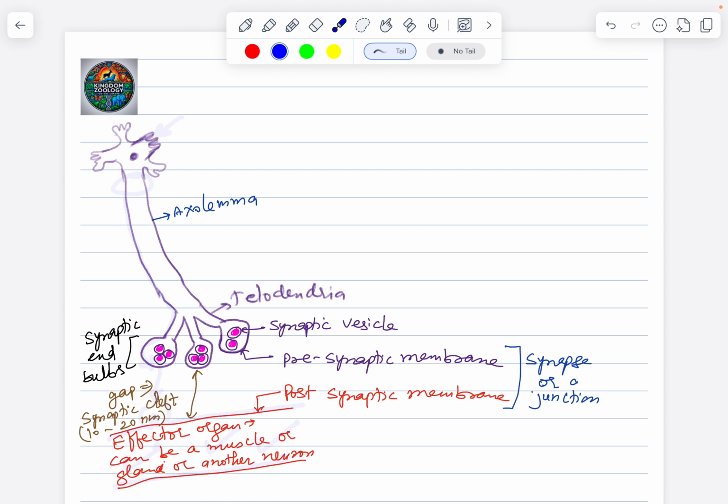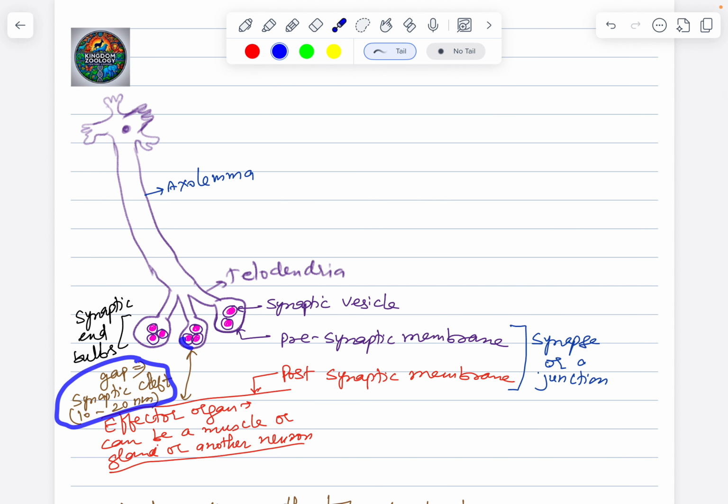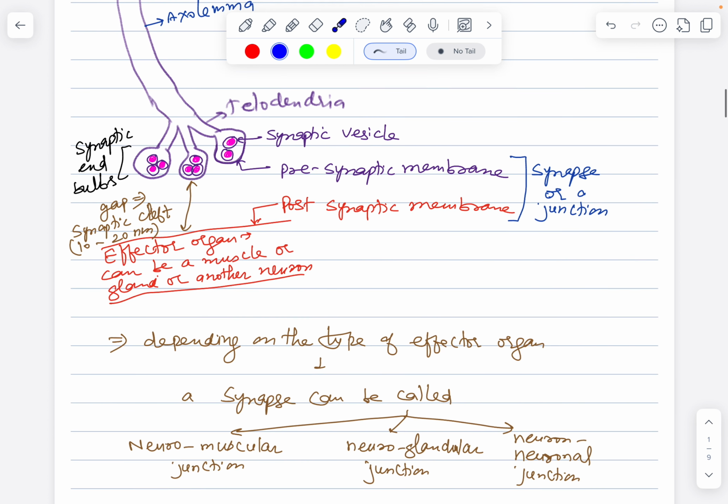Okay, so in this type of synapse where there's a synaptic cleft between the pre and the post synaptic membrane, there is no way that the current or the action potential or the impulse or the stimulus, whatever you want to call it, can travel from the neuron to the effector organ directly. That's impossible. So how does the neuron give its impulse to the effector organ? By releasing chemicals called neurotransmitters.